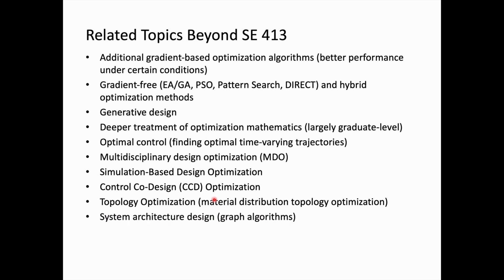System architecture design is another big area, and that is a type of discrete optimization that involves algorithms for searching through a space of different graphs. So there are a lot of exciting areas that you could go on to beyond what we cover in SE 413, so you can consider this to be a foundation for many different exciting topics.